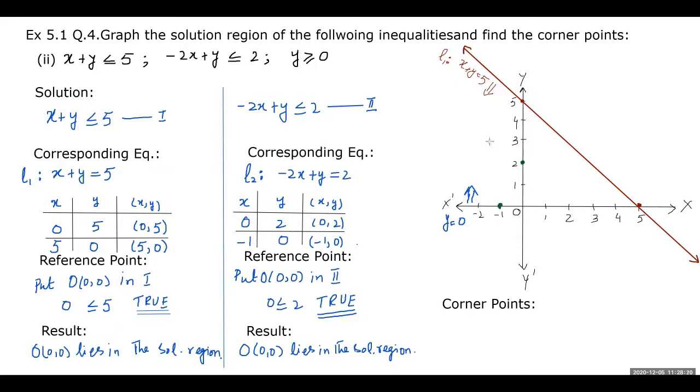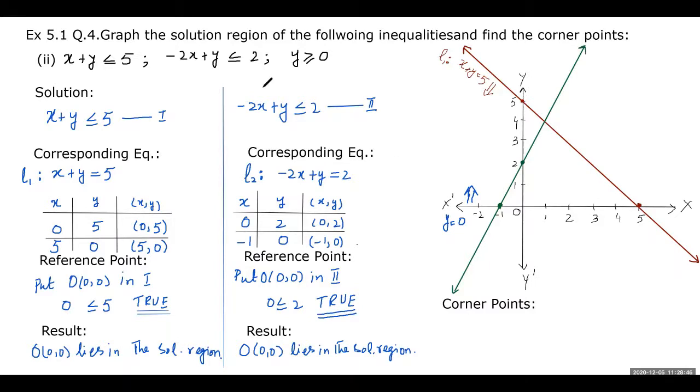Then join the two points with the help of a straight line, and you will get this line. Let's put some arrowheads on it. Here it is, this and this.